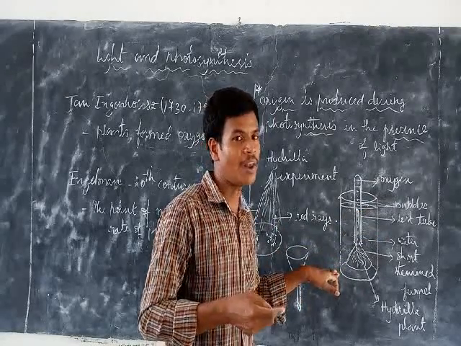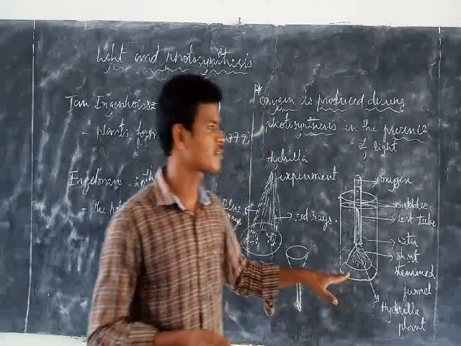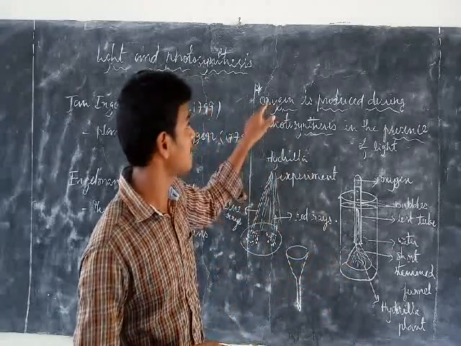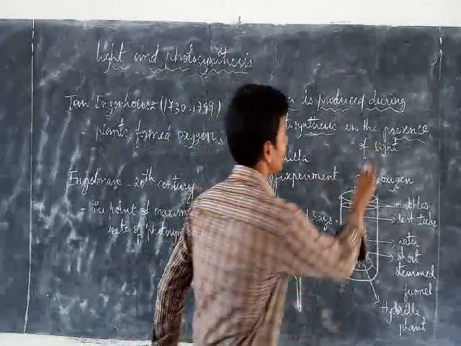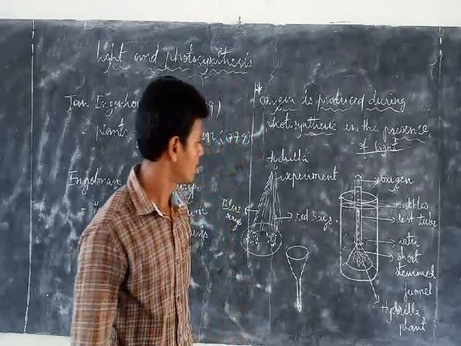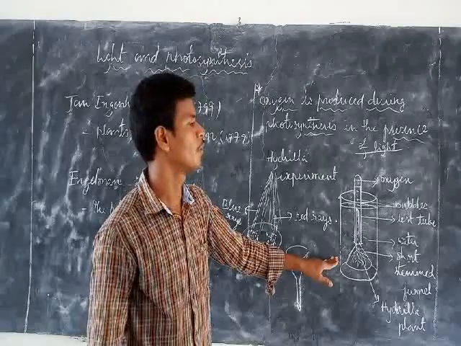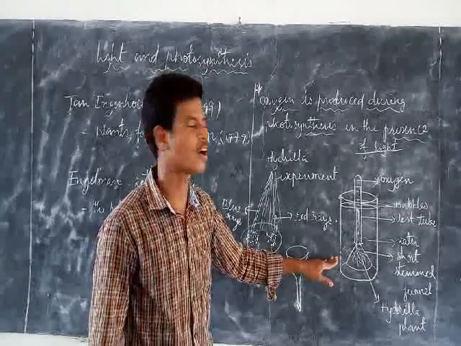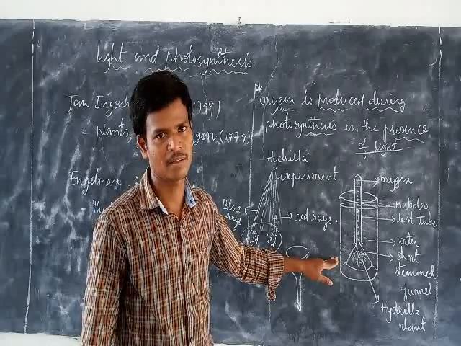So what have you learned from this activity? During the process of photosynthesis, oxygen is produced in presence of what? Light. Okay. So this is the experiment that shows the role of light. It is also one of the essential factors for the process of photosynthesis.